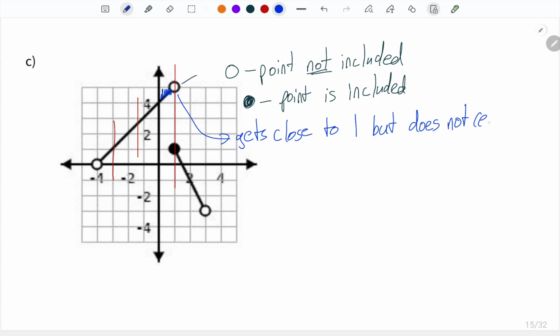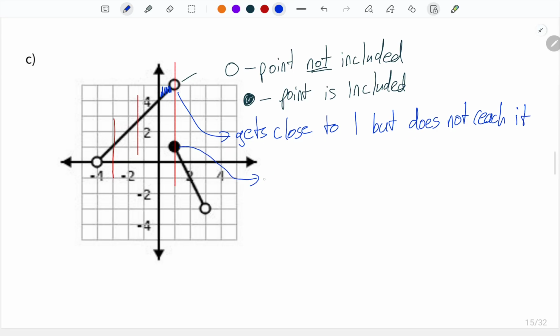And that's because it's open, as we would say. So it's not filled in, it's open. And then right below, the graph is filled in. So as soon as you hit x equal to 1, you are now below. So you reach this value instead. And then, as you can see, the graph continues down to the right.